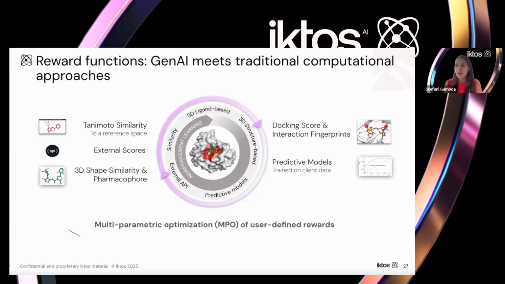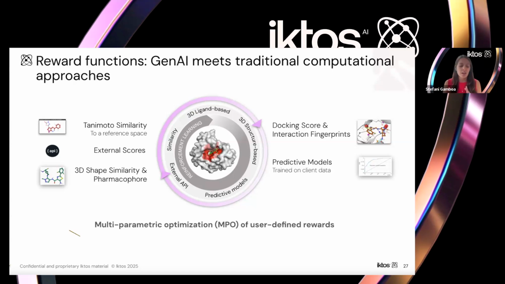Then, if you have in-house models that you also want to use to score molecules using our platform, it is also possible through an API. This way, our platform will use your information to score your molecules and optimize them. Then, if you have activity data or ADMET data, we can also give you the possibility of building local models in our platform.